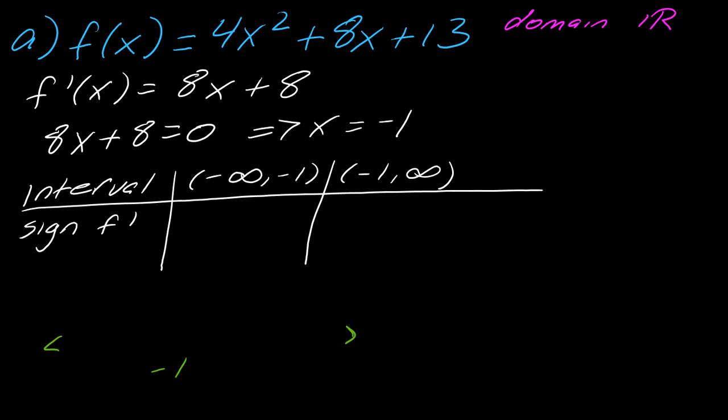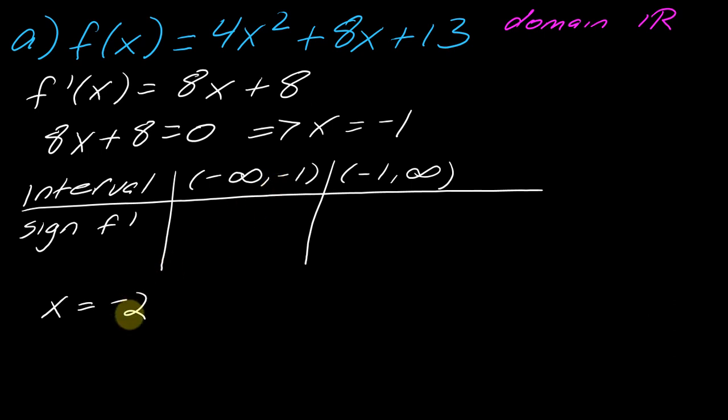And so the idea with this is that all of the critical points kind of define where the function might have a change in behavior. So if I find one test point in here and test this out, basically any other point in this interval is going to have the same sign of the derivative. So let's say for a second that I decided to use, how about x equals -2.